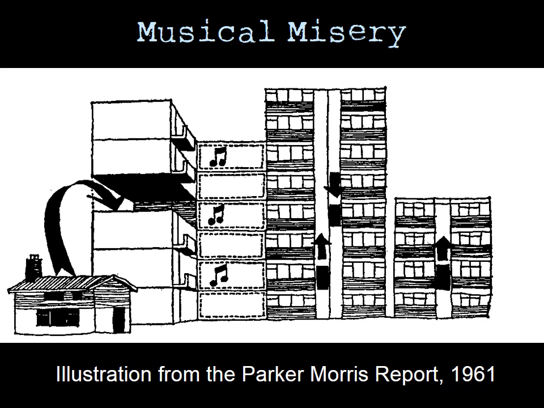And then there are issues around noise pollution, because the way that flat blocks were built, even in the most expensive flat blocks, noise transmission between apartments is a real problem. And this wasn't so much of an issue when these flats were originally conceived of as being for older people, people without children, and indeed in an age before we had large-scale use of TVs and radios owned by tenants of council housing.